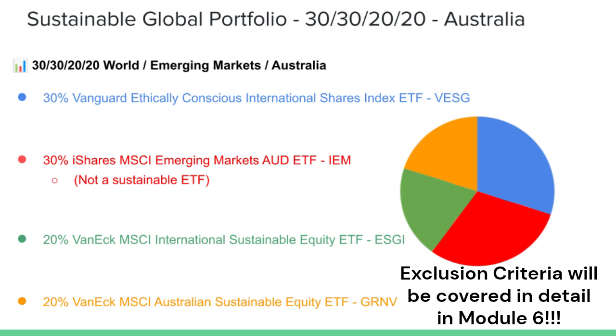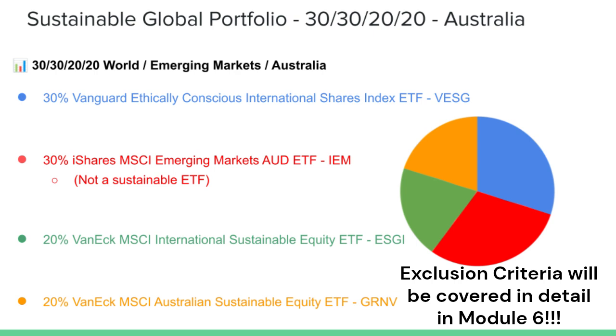Considering the ESGI index only has about a 40% US component, which is still large, but will allow you to balance this out. Now the GRNV is an Australian ETF, which has mostly Australian companies, and also had a very strong growth trajectory. We'll go into that in a minute. But just to show you what it excludes, I believe it's the exact same as the ESGI.